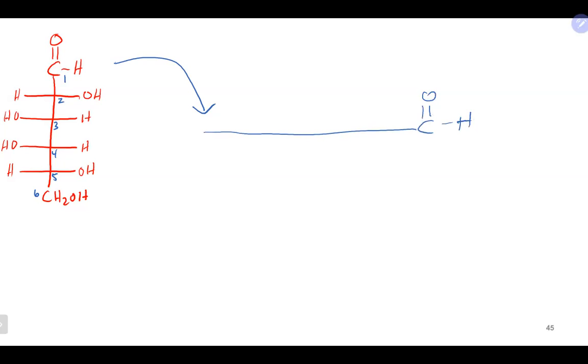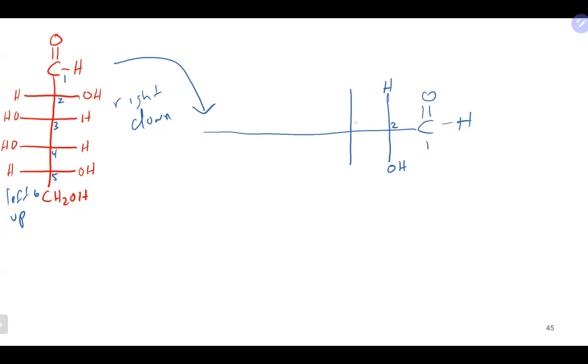And if it does fall on its side, everybody on the right-hand side will end up down, and everybody on the left-hand side will end up up. So if you just dropped it down, everybody on the left goes up, everybody on the right goes down. So if this is carbon number 1, my carbon number 2 would have my OH here and my H here.